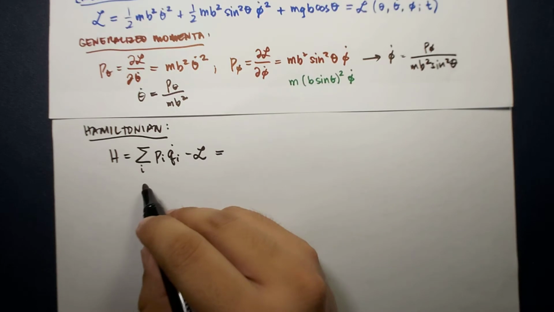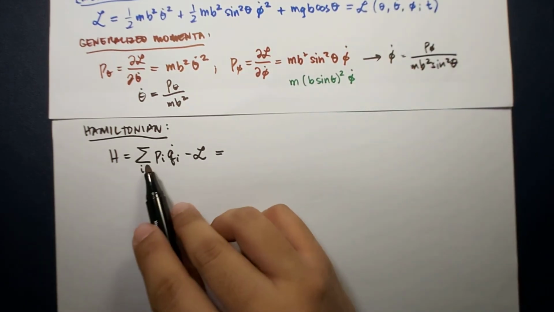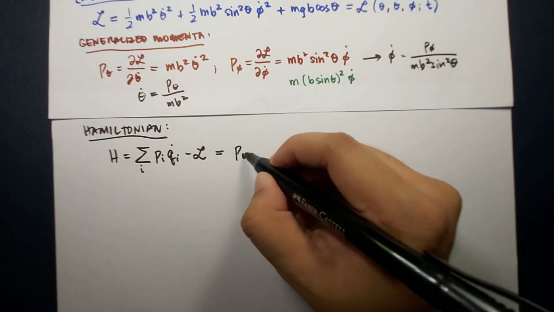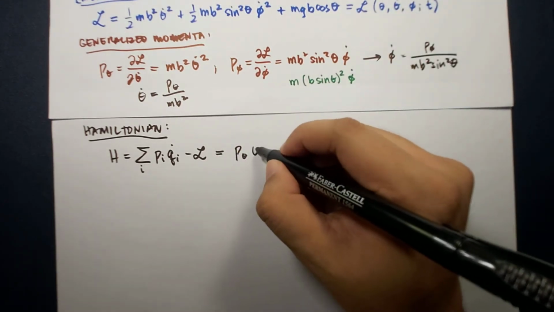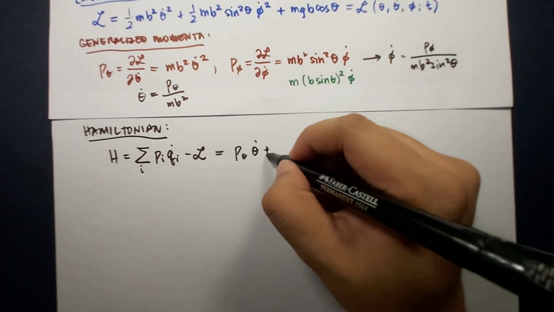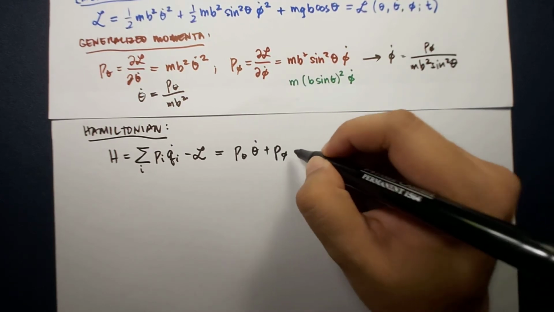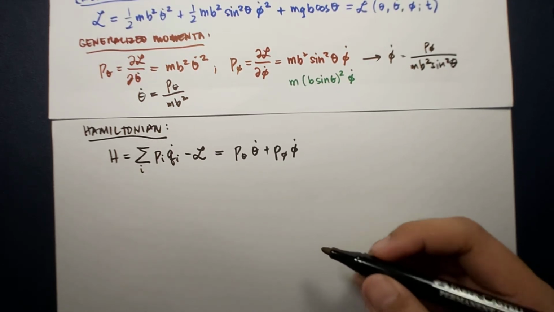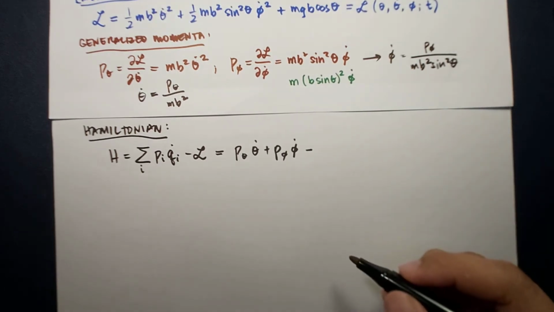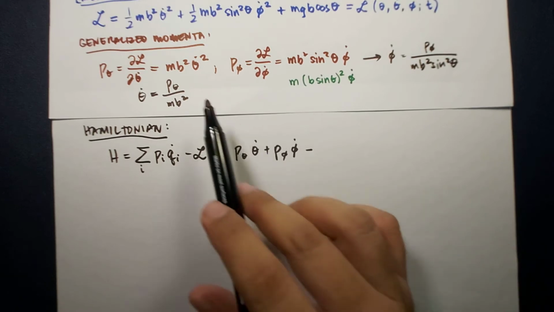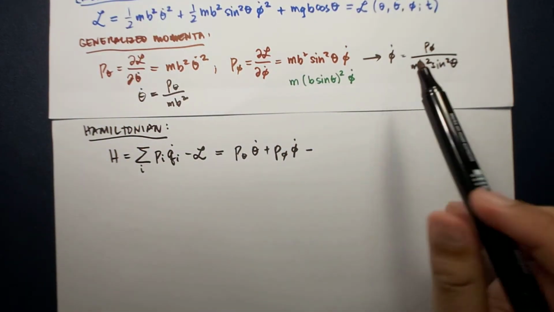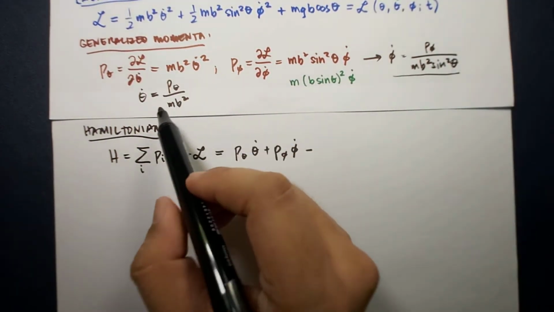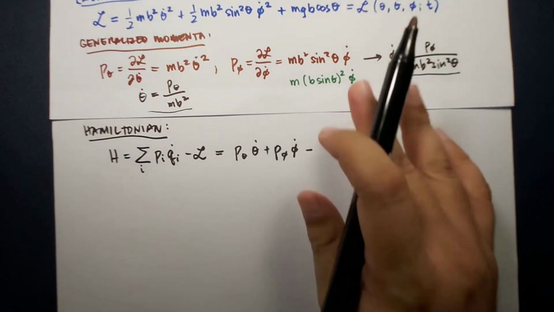So because we have two coordinates, we have P theta theta dot plus P phi phi dot, minus our Lagrangian.